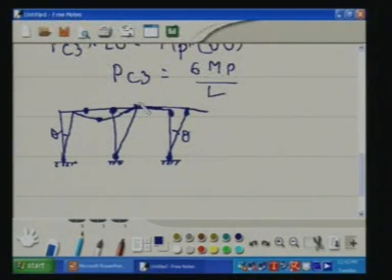So, it is not possible by taking hinge in the column. So, the hinge has to be formed at the joint, so that the rotation of this beam and this column, both the beams are possible. So, in this case 3 M p will be taken for calculating the internal virtual work done.